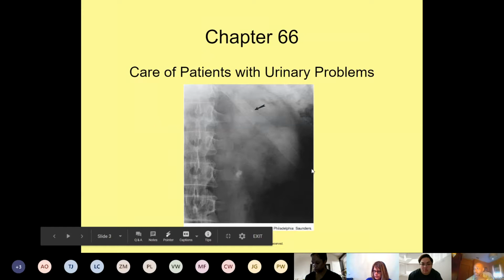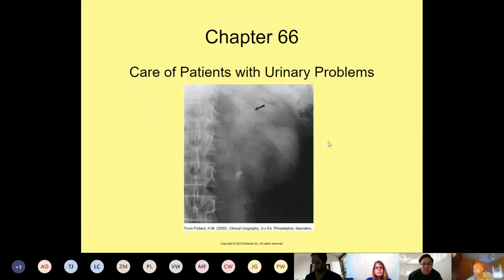This particular picture is showing a stone, just to give you an idea of what it would look like on an X-ray.